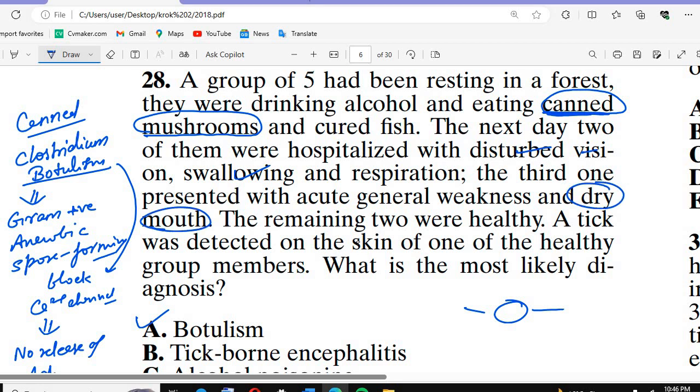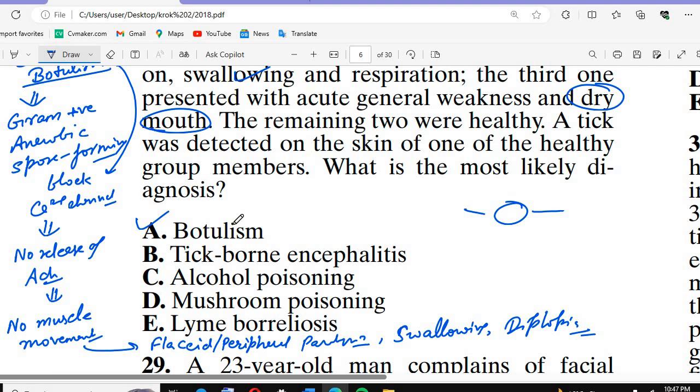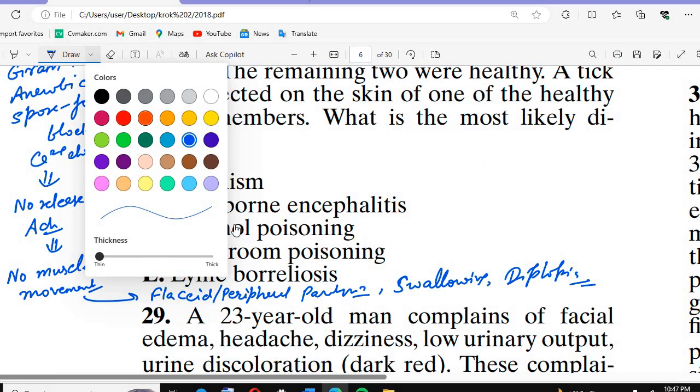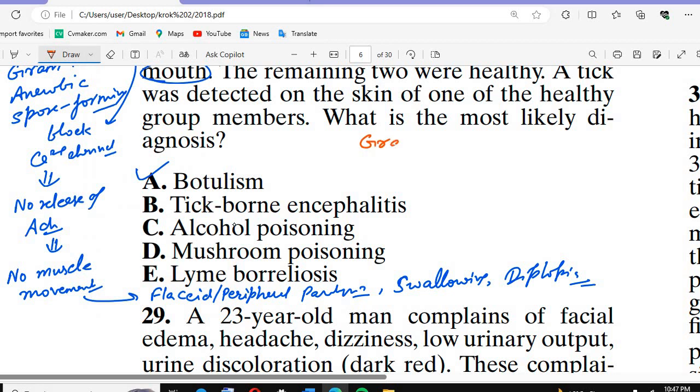A tick was detected on one of the healthy group members. What is the most likely diagnosis? All these are symptoms of botulinum toxin that we will see in these patients. Firstly, it is a gram positive bacteria, and gram positive bacteria release exotoxins.